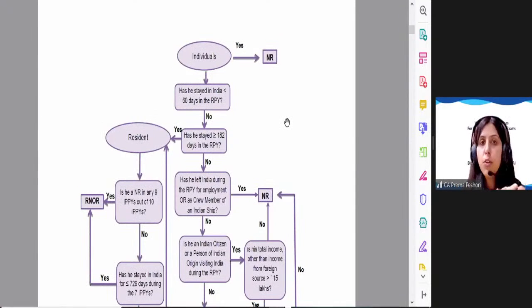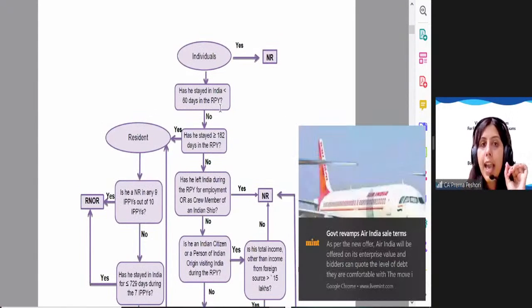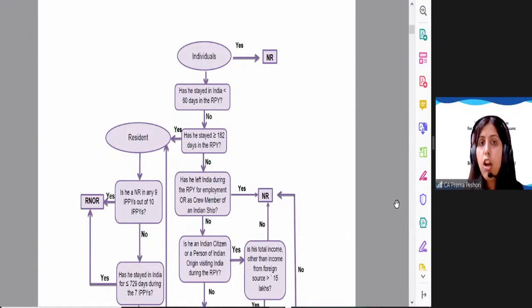So if an individual, the first question you need to ask is, has he stayed in India for less than 60 days in the relevant previous year? If he has stayed in India for less than 60 days in the relevant previous year, then he will be a non-resident.